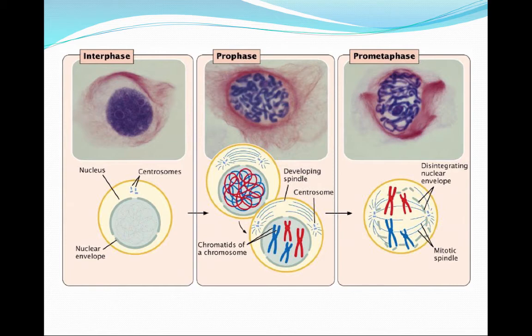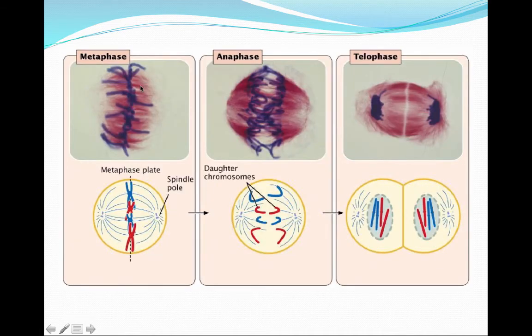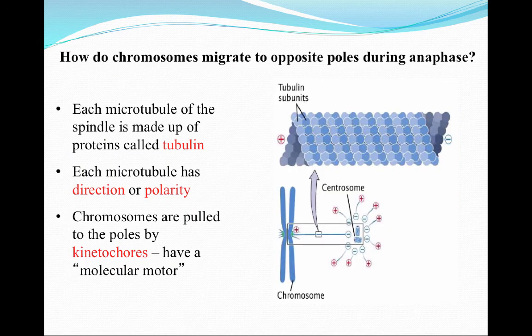That nuclear membrane is going to go away. And then in metaphase, those chromosomes are going to line up on the metaphase plate, and those sister chromatids are going to separate from one another in anaphase. And finally, in telophase, we have cytokinesis taking place where that new cell is going to form, and more specifically, the cell wall is going to form between the new sets of DNA.